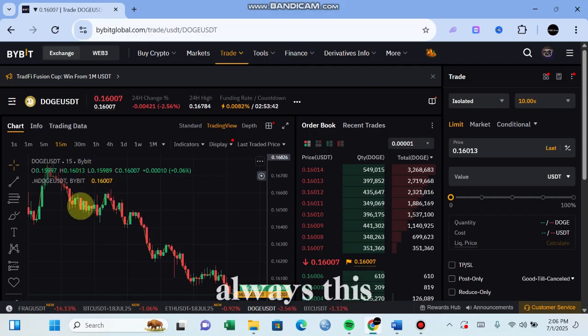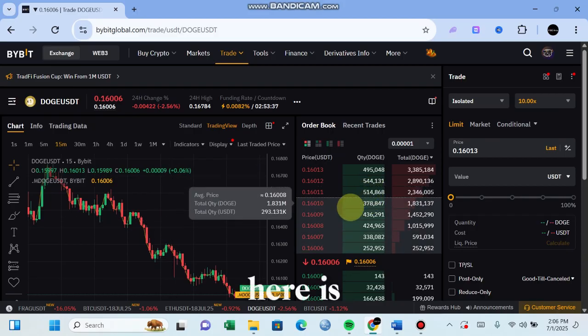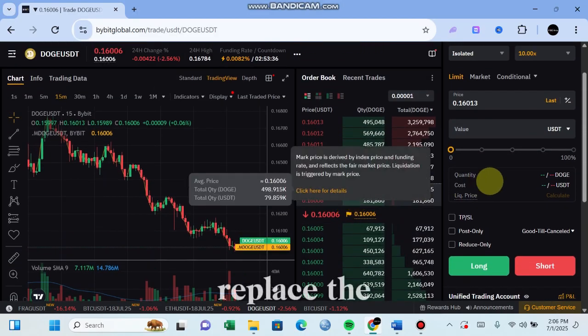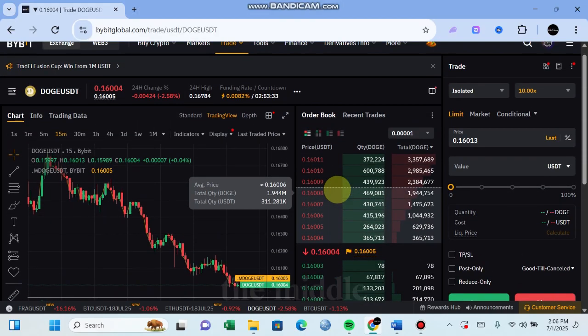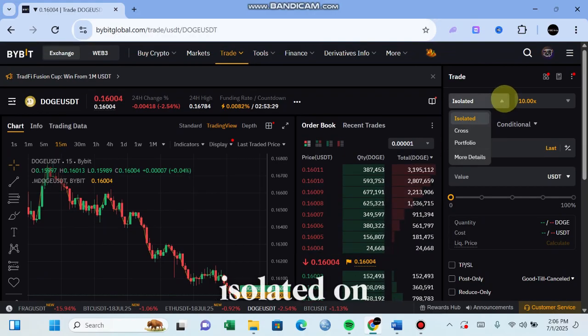So as always, this is the chart, and here is your order book to place the trade. The major difference is this place called isolated. You get isolated and cross. Remember when I sent in my money to Unified Trade, I sent in a level of USDT to Unified Trade.